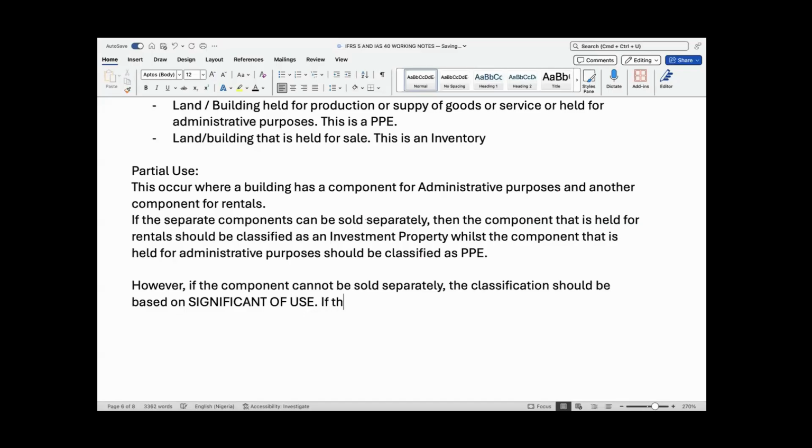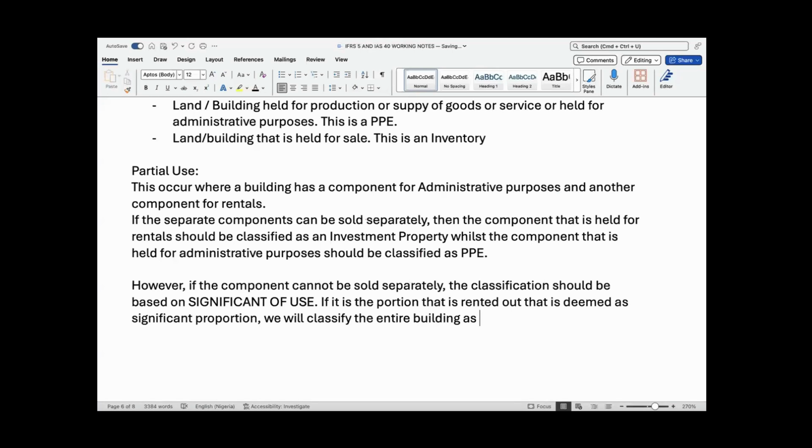Meaning that if it is the portion that is rented out that is deemed a significant proportion, we will classify the entire building as investment property, and vice versa.